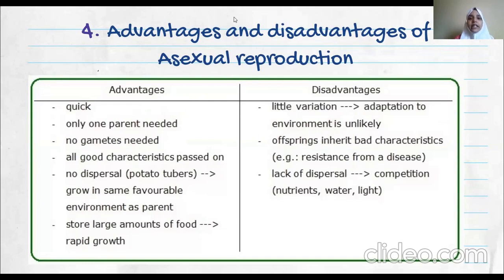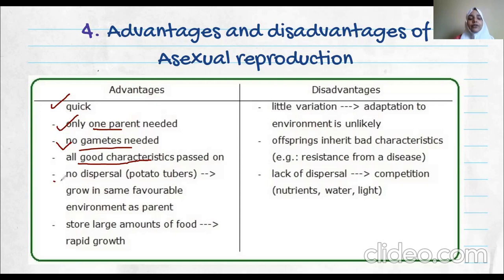What happens in asexual reproduction is that it is very quick because only one parent is involved, and no more time is required for recombination of genes, fusion of gametes, and so on. So that is why it is quick, because only one parent is needed and there is no requirement of gametes. And all the good characteristics can be passed on from one generation to another.